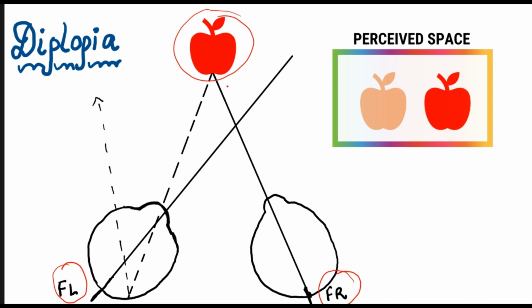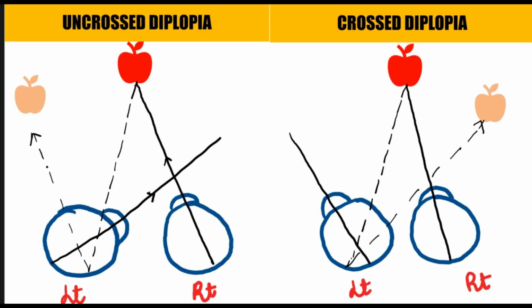Obviously it is going to fall on the fovea of the right eye, but the left eye is slightly deviated inwards, and therefore the object is falling on the nasal part of the left eye, and the image is also going to form somewhere here, leading to two different images in the visual space of the same object. The object is falling on non-corresponding points because of deviation, and this leads to double trouble, double vision, or diplopia. Okay, so I hope that is clear.